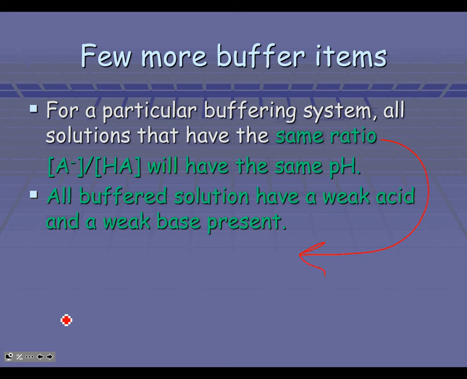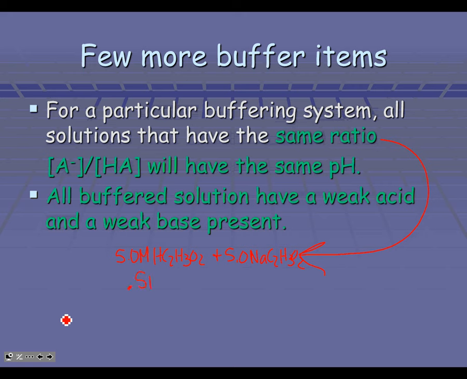Let me give you an example of that. If we had 5 molar acetic acid and 5 molar sodium acetate, this would have the same pH, because this is a 5 to 5, 1 to 1 ratio.